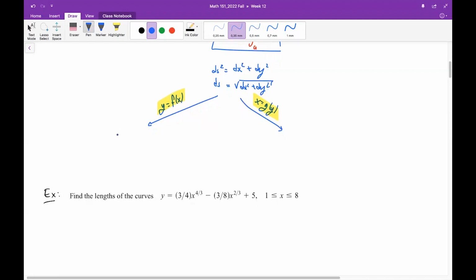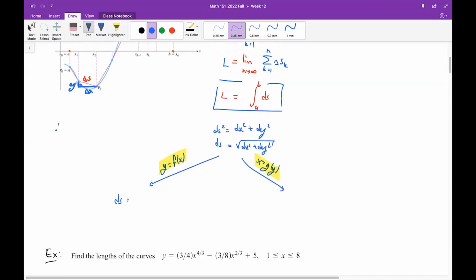So in this case, ds can be written as, let me write here first, the square root of dx squared plus dy squared. You can take dx squared out, like this, and then this is dy over dx squared, written like this.